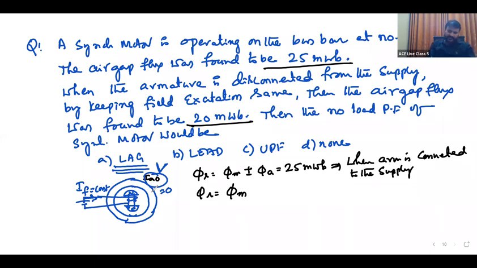Armature flux is also 0. So at that time, phi M only exists. Phi A is 0. That is equal to 20 milliwebers, when the armature is disconnected from the supply.